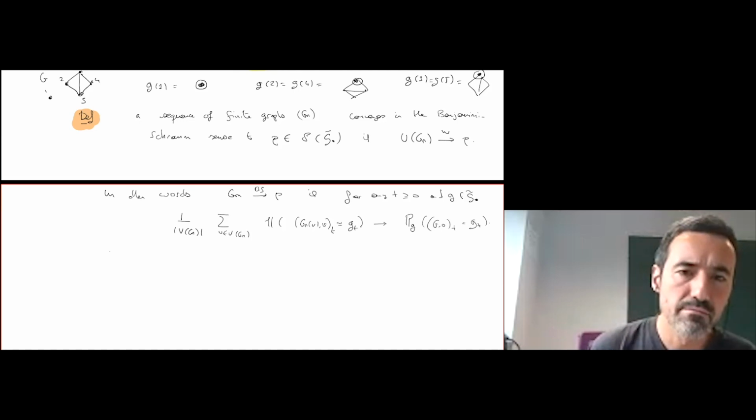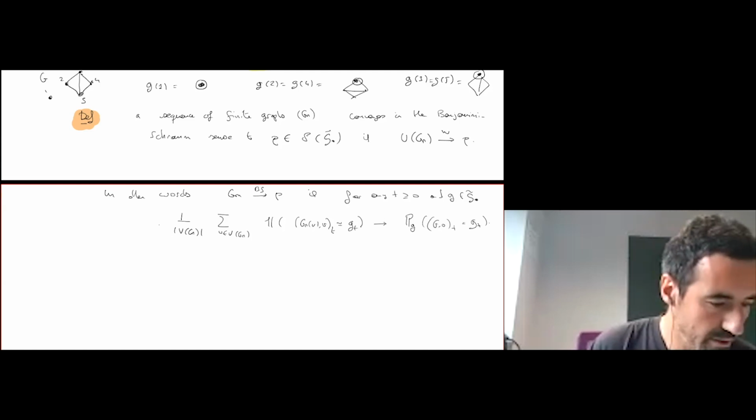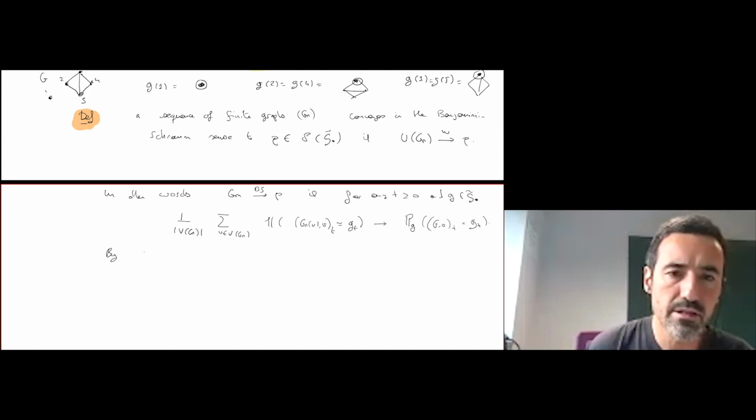So I just repeated the definition, but it's more concrete written in this way. By extension, as I warned you, it's cumbersome to work with unlabeled graphs.